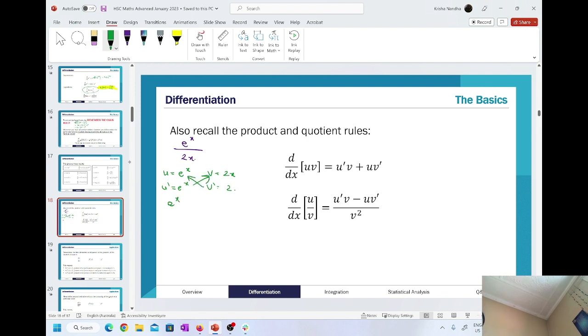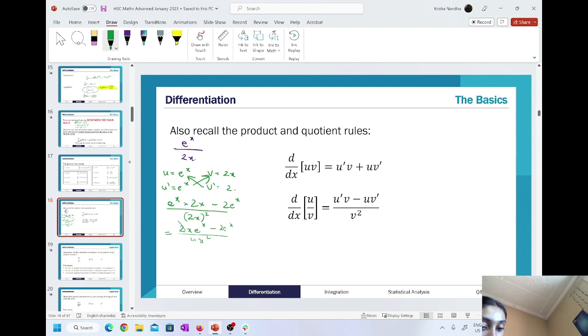So e to the x times 2x minus 2e to the x, all on 2x squared, gets us to 2x e to the x minus 2e to the x on 4x squared.